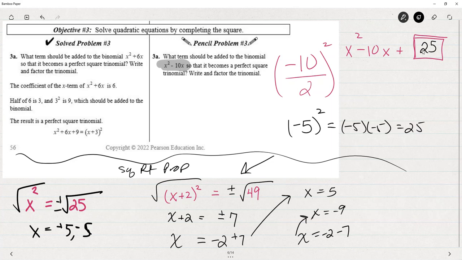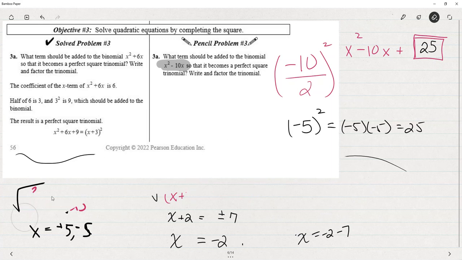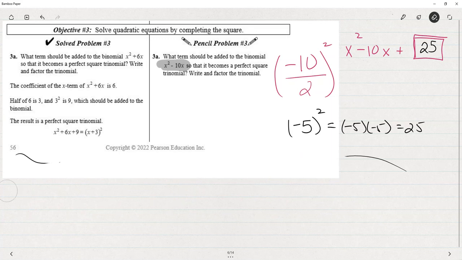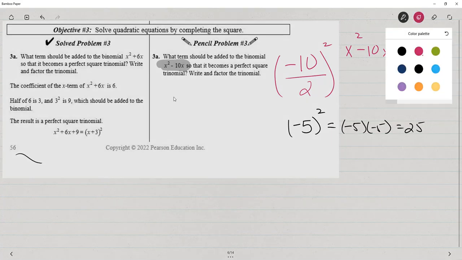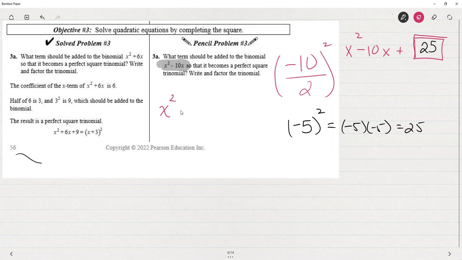What term should be added to x squared minus 10x so that it becomes a perfect square? The answer is 25. And now if I add that in and then factor it, here's what I'd have. I already had the x squared minus 10x.